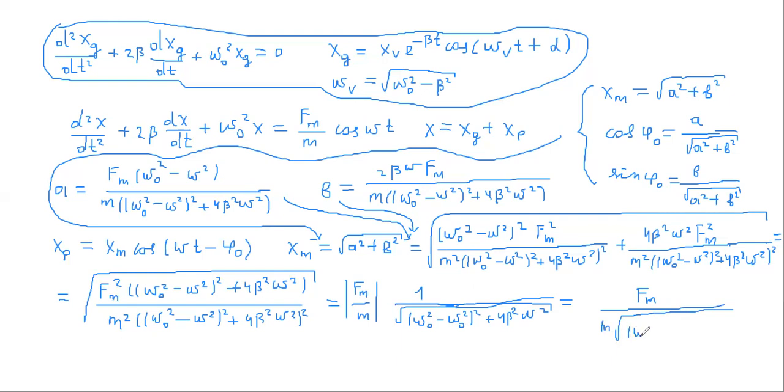So this is equal to fm divided by m, times 1 over the square root of omega 0 to the power of 2 minus omega to the power of 2, squared, plus 4 beta to the power of 2 omega to the power of 2.